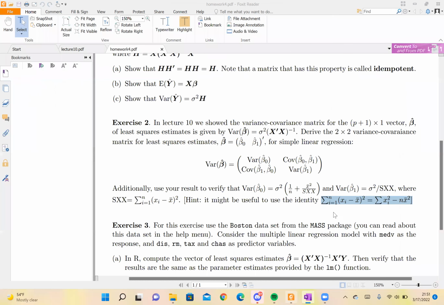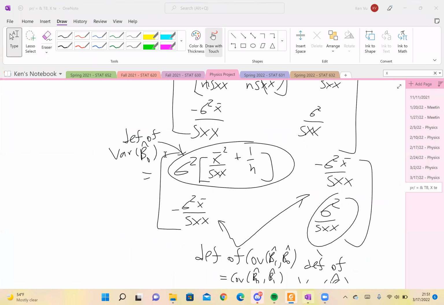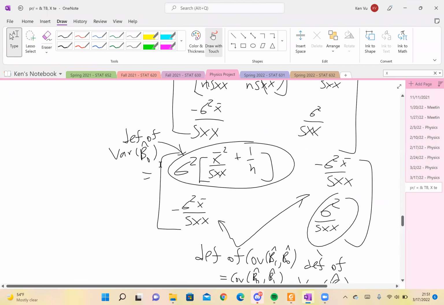You can even compare it to the problem description, as they tell you what the variance of beta naught hat is. Doing the comparison, you see they match up. So you've pretty much proven that you get the variance of beta naught hat in the first row, first column of this 2x2 variance-covariance matrix.